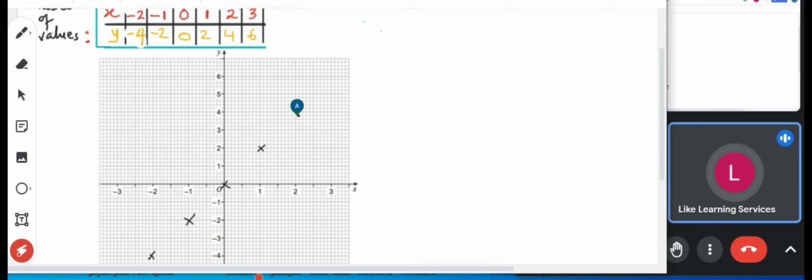And finally, when x is 3, y is 6. Okay, so join your lines.